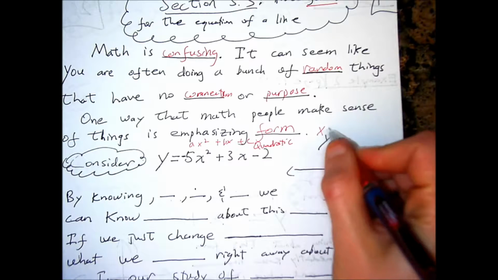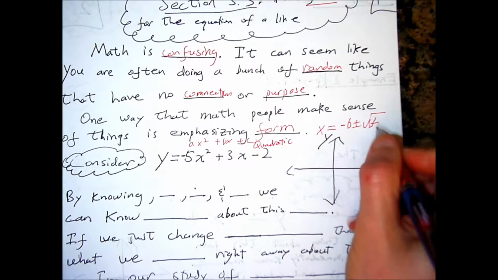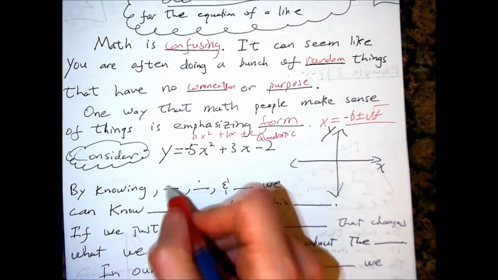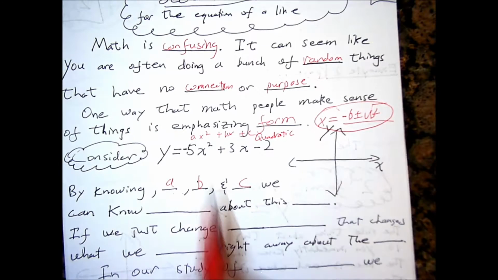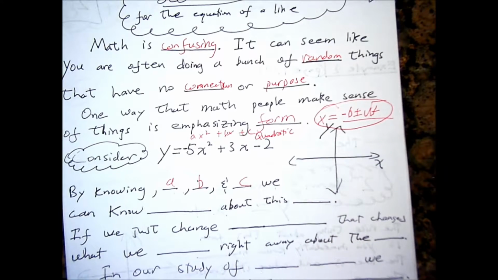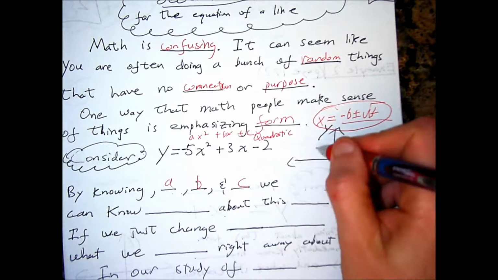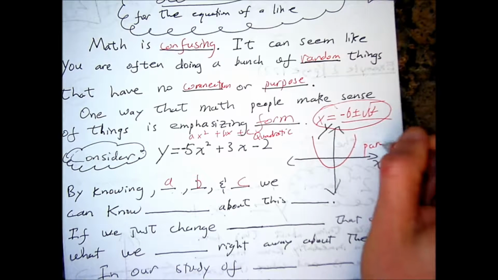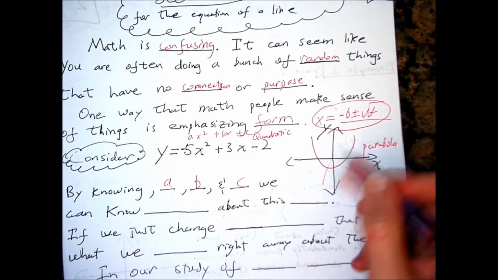You know how to fill in the quadratic formula, which is x is equal to the opposite of b plus or minus the square root of b squared, and so on. I don't want to get off the point too much, but by knowing a, b, and c, we can figure out the quadratic formula, which means we'll know where this curve crosses the x-axis, if it crosses at all. So that's something that we can know about it. And if you remember the type of curve this is called, it's called a parabola. Actually, this parabola is opening down. I drew it upside down, so that might be more the shape of it.